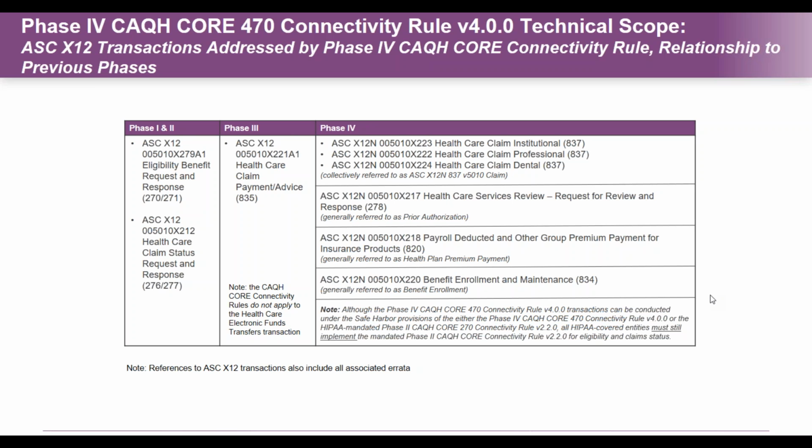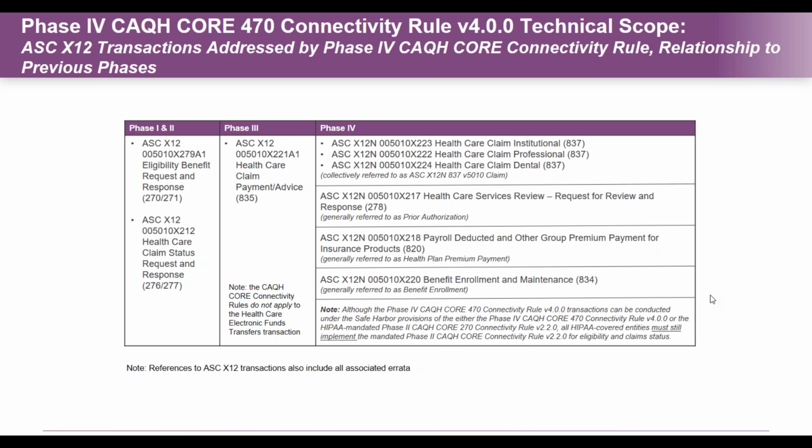Now, we need to keep in mind that phase 4 is still a safe harbor. Other methods of connectivity can be used to conduct the phase 4 transactions that are the focus of the phase 4, as long as you offer out the phase 4 safe harbor to your trading partners.